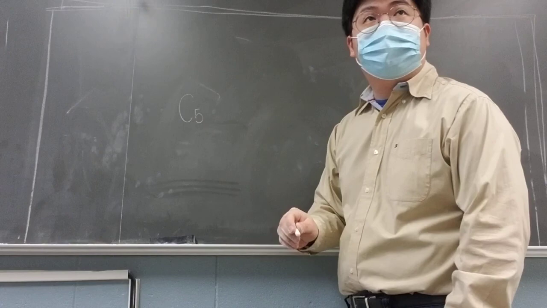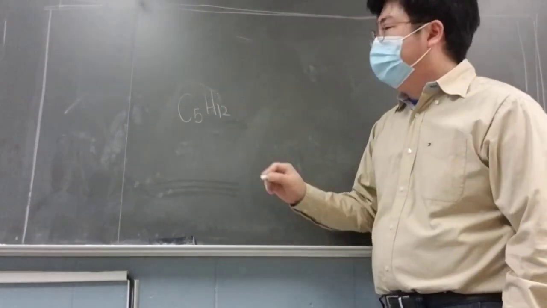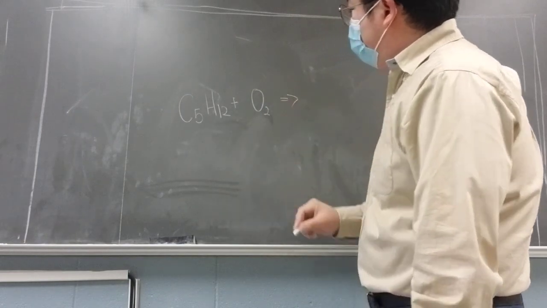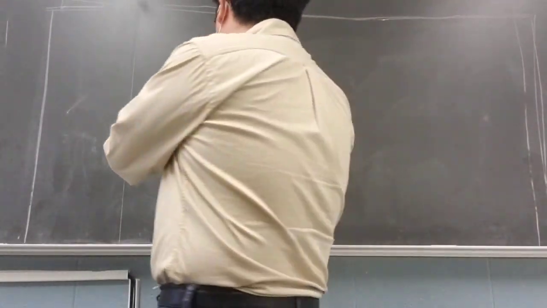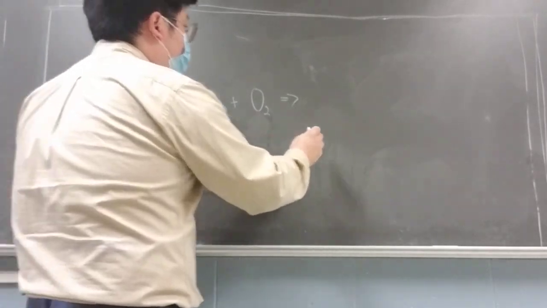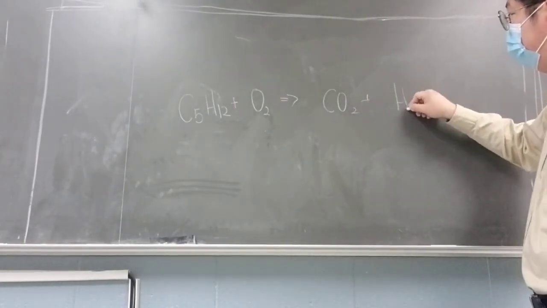If we have C5H12, okay, it is going through a combustion reaction here. At this time, it will not be a 100% full reaction because I'm going to make one of them a limiting reagent. You can always assume that the products will be carbon dioxide and water.